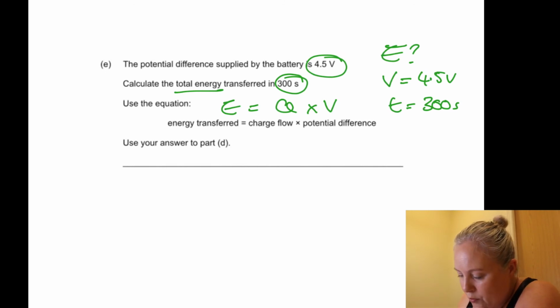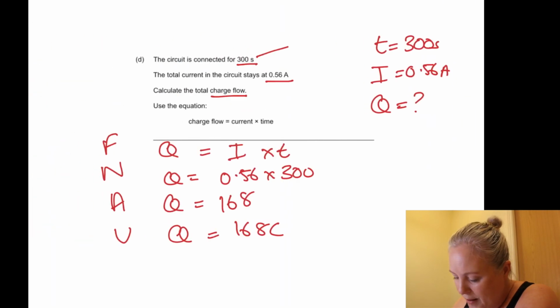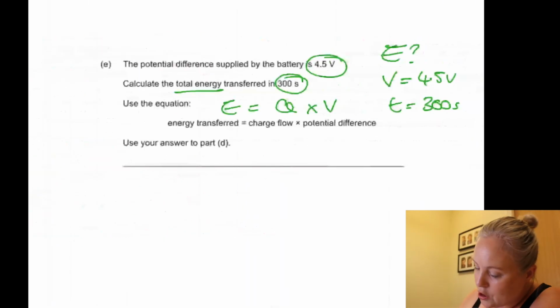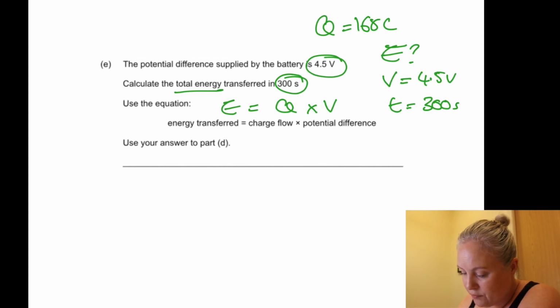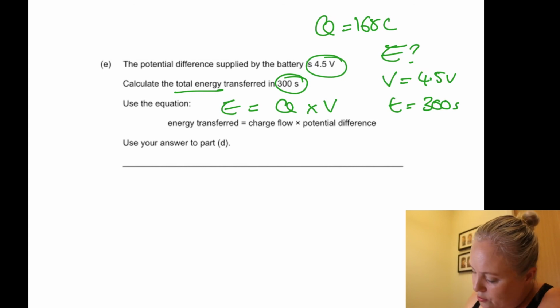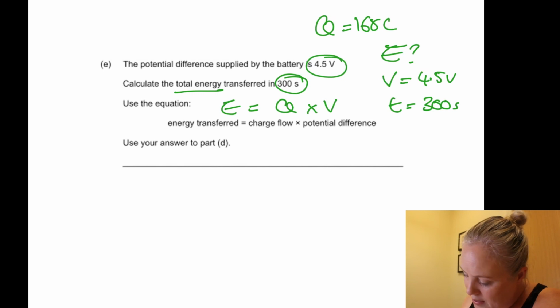Okay, so how am I going to work this out? So let's go back. It says use your answer from part D. So we go back to part D and we know that the charge was 168 coulombs. So we know that Q was actually 168 coulombs. So energy transferred is the charge flow times potential difference. So we know that the charge flow is 168.